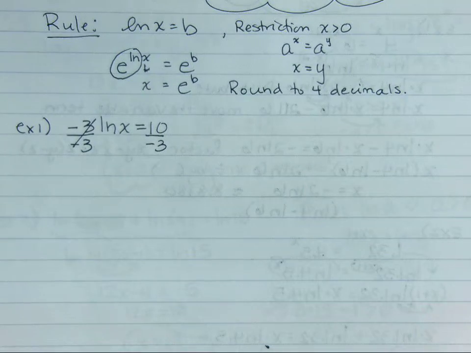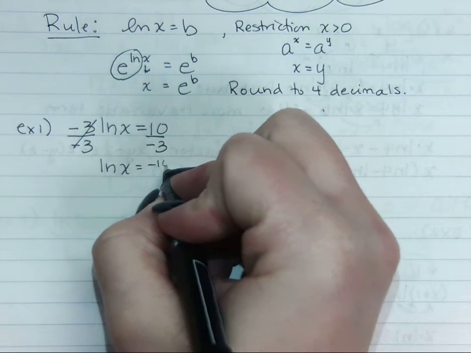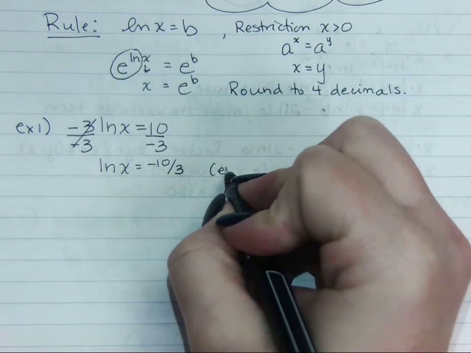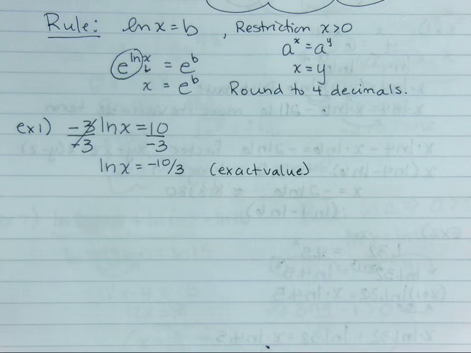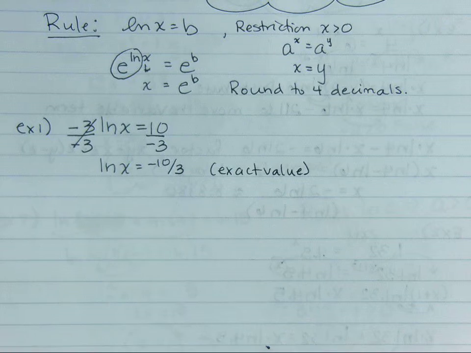That cancels out, and then I have the ln of x equals -10/3. This must stay as an exact value, meaning you cannot turn this into a decimal and use an approximation. You must leave it alone.